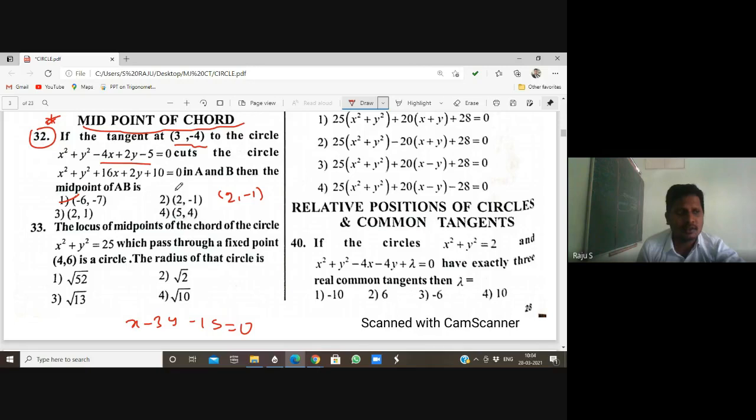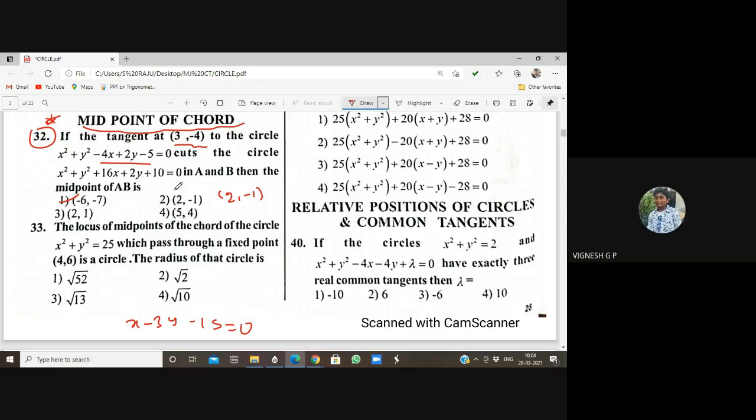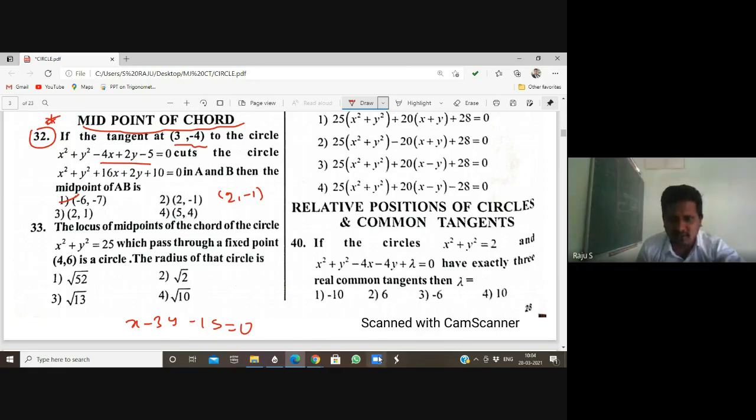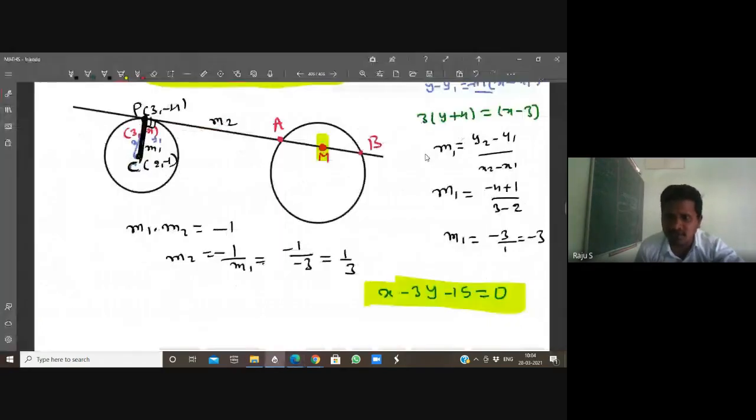Sir, could you explain after finding the tangent equation? After finding the tangent equation, check whether the midpoint clearly lies on the tangent or not.